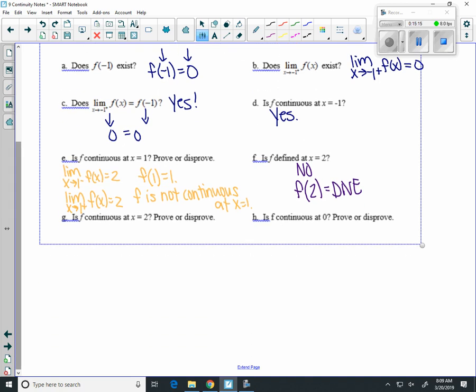But f of 2 does not exist. So it's right on the x-axis there, but since f of 2 does not exist, f is not continuous at x equals 2.